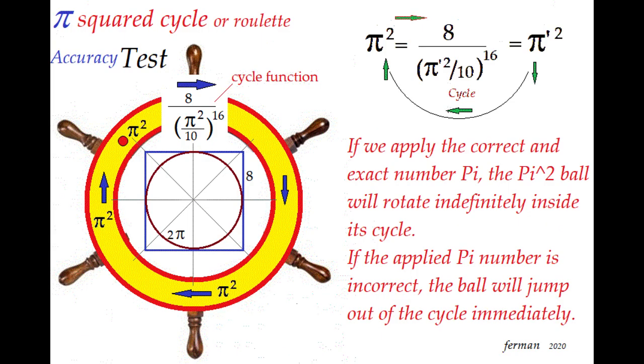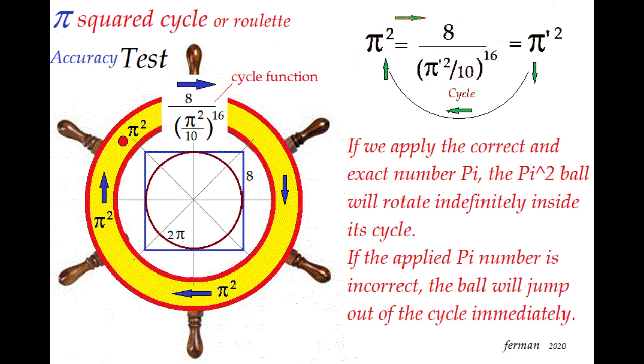The pi-squared cycle. Because it is an important demonstrative proof for me, first allow me a simpler explanation. The pi-squared cycle is a circuit or mathematical cycle to check the accuracy of the pi number that we apply.